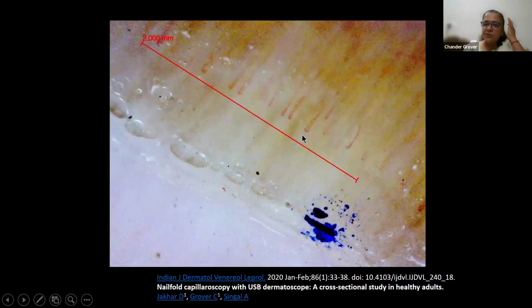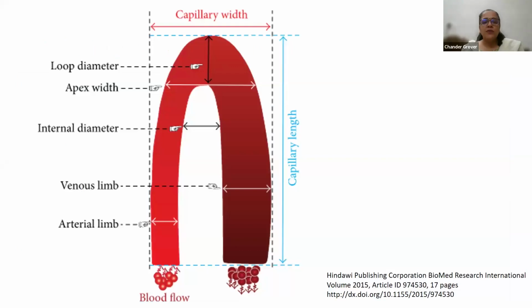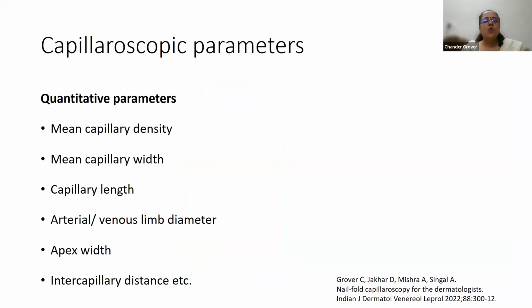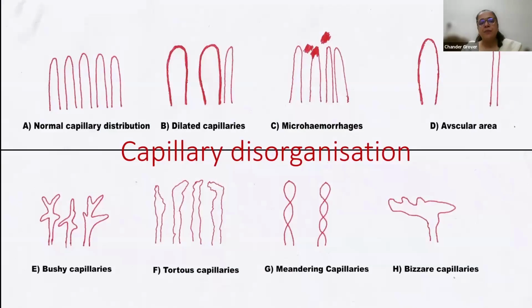Our estimation has been 7.63 capillaries per millimeter, from a study done on normal healthy adults. These quantitative parameters are not easy to do with our dermatoscopes, which have a magnification up to 200x. You need more sophisticated devices for them. The qualitative parameters are something you can easily see with our USB dermatoscope.